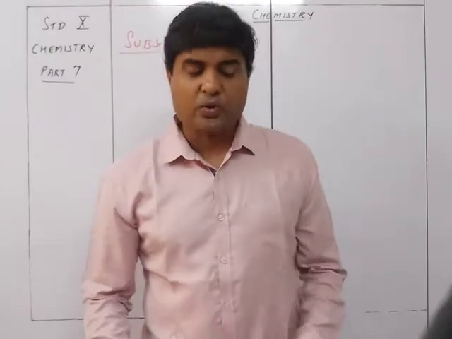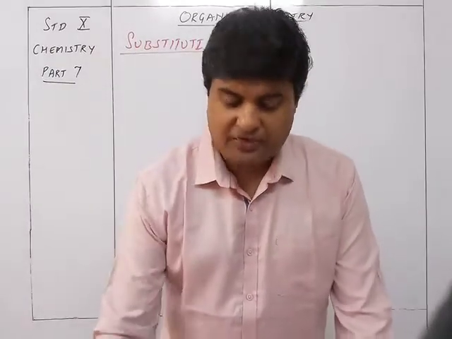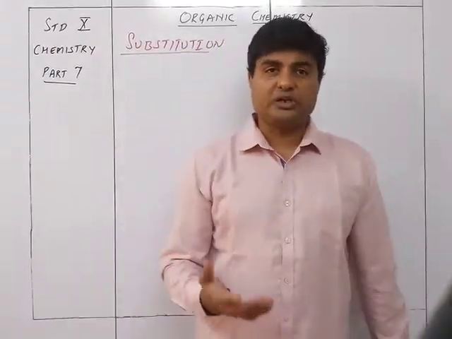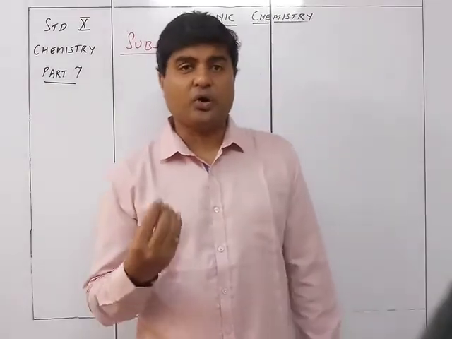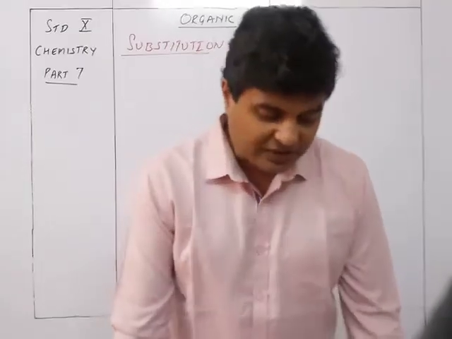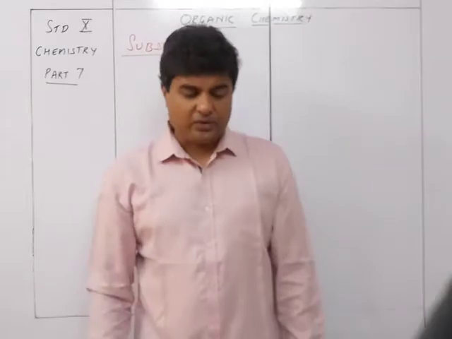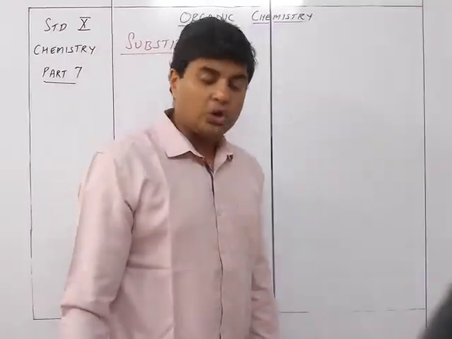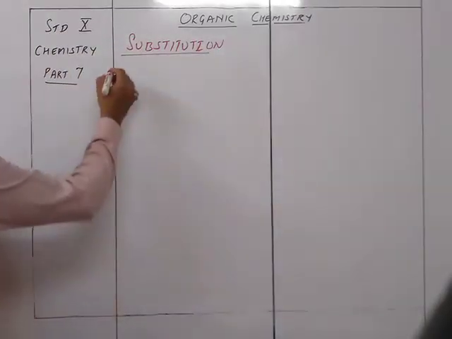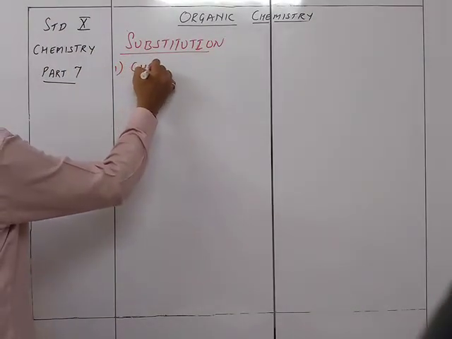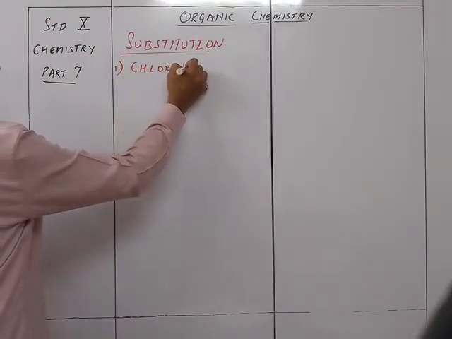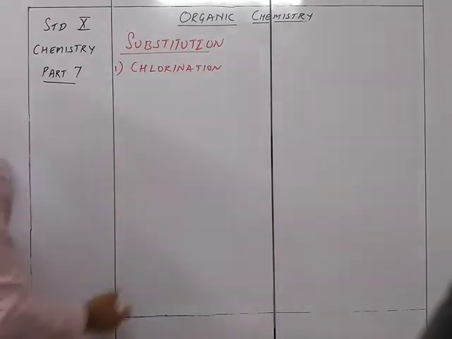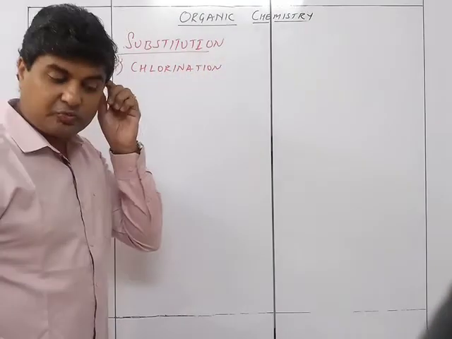So basically what we are going to do is look at the different kinds of substitution which can take place in case of an alkane. So first is, when you take methane and you have chlorine which is going to be reacting, that is called chlorination. So the first one is chlorination. Now chlorination is also called halogenation, because all halogens will have this same property.